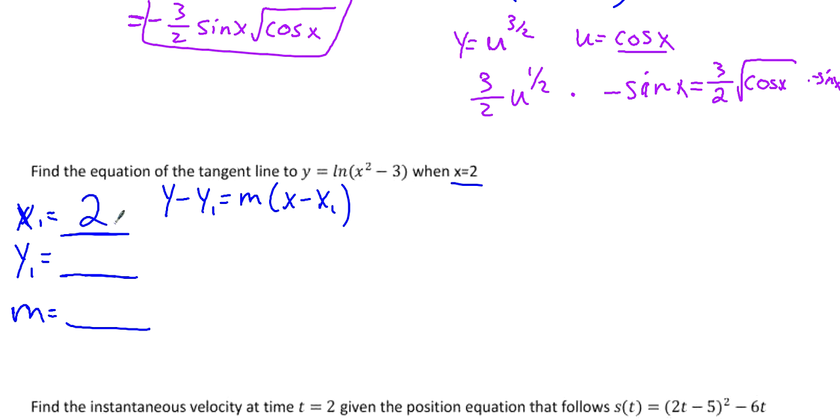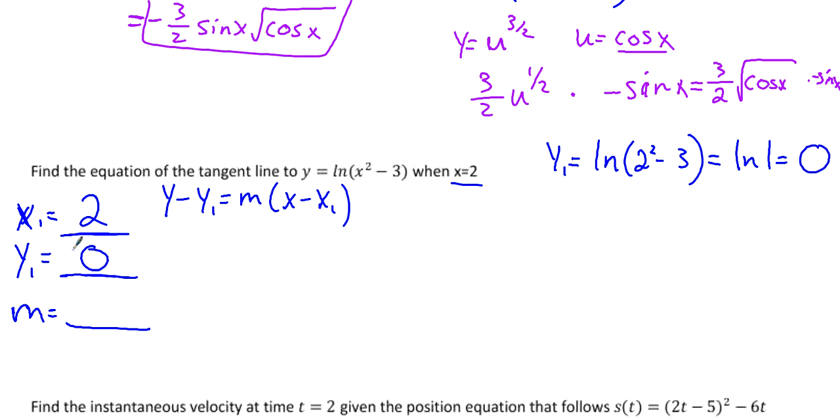I need y1. Well, y1 is going to be equal to the natural log of 2 squared minus 3. You plug in x and you get y. And 2 squared minus 3 is 1, so the natural log of 1, which is 0. So y1 is 0.